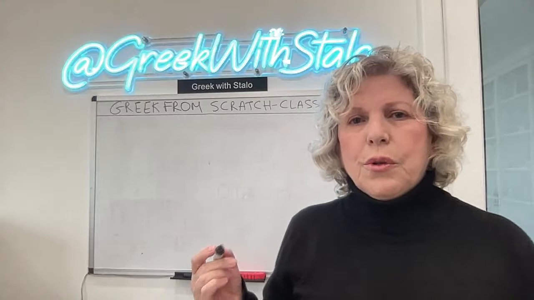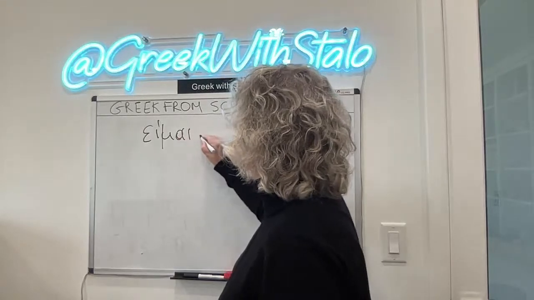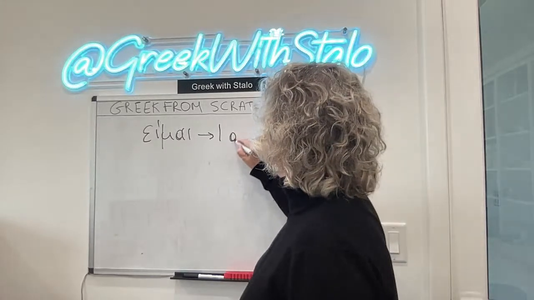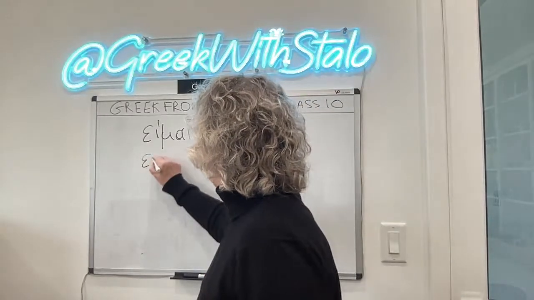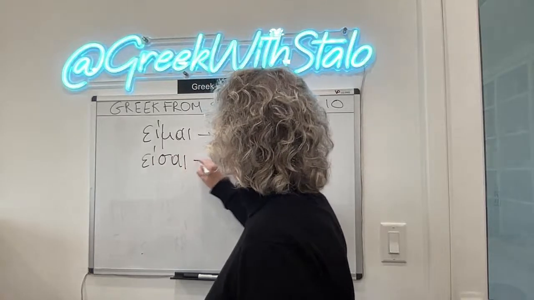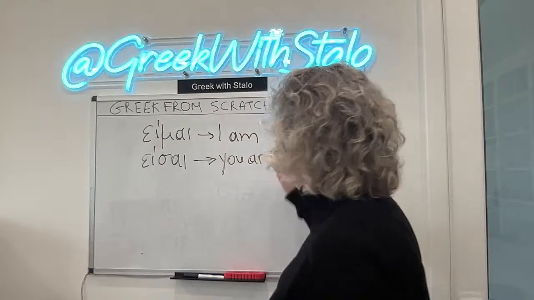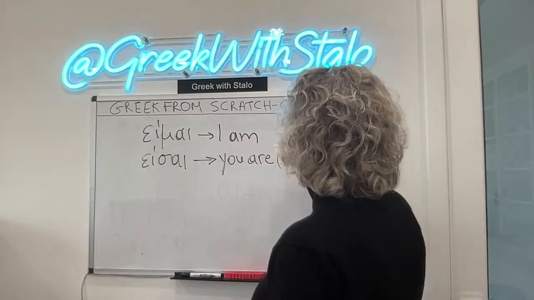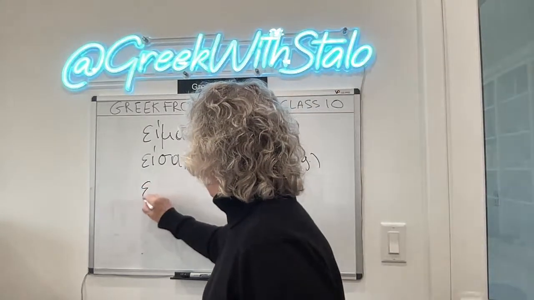Okay, next we learned 2 new forms of the verb to be. We already knew ime, which is the first person singular, I am. So we learned hice, you are, and that's the singular form, you are, and ine.